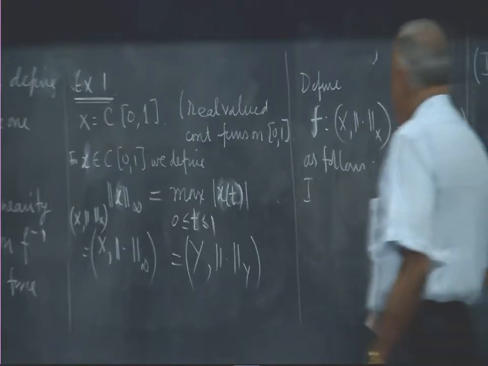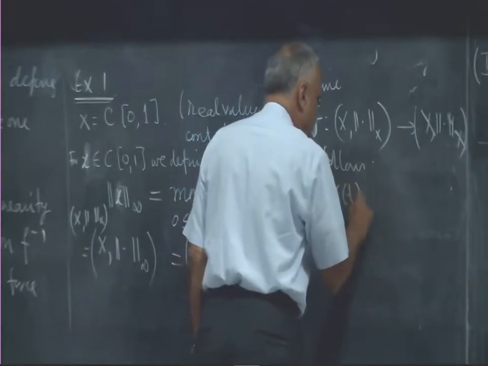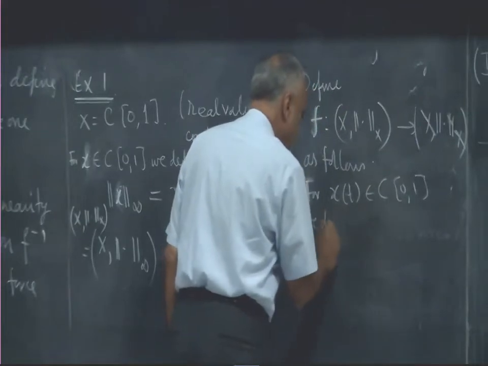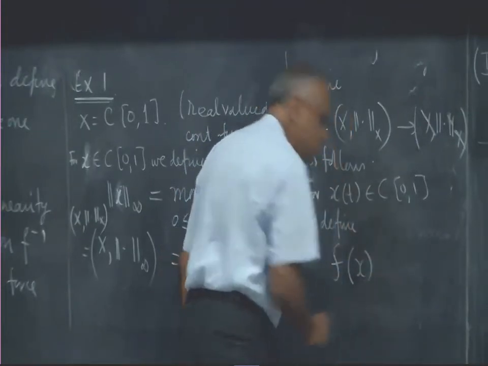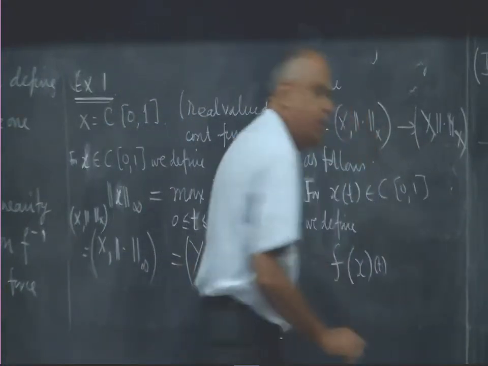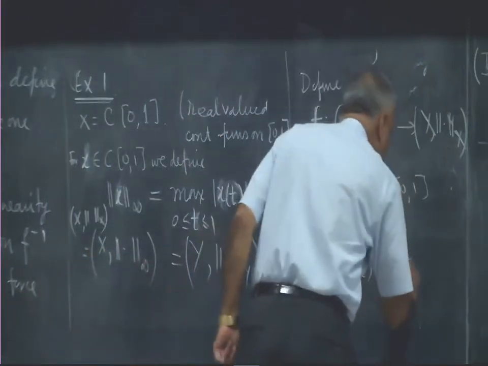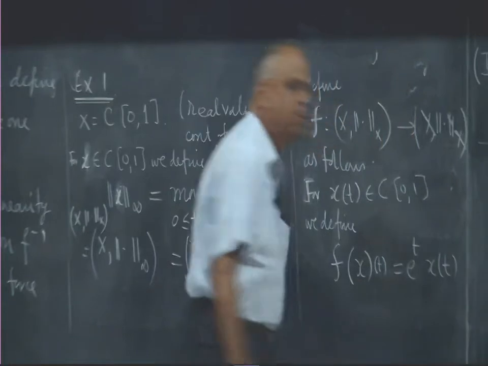So f of x, for x(t) belonging to C[0,1], we define f of x must be another function, and I must tell what its value at the point t is. It is simply obtained by multiplying the value of the original function by e to the t.